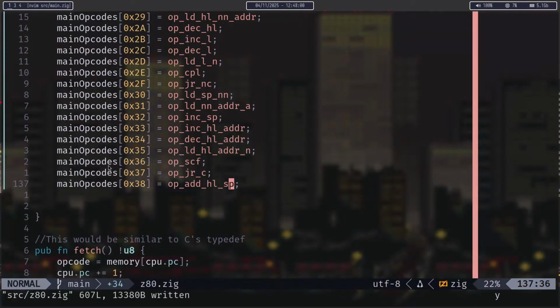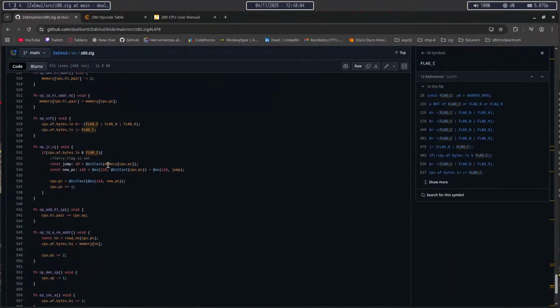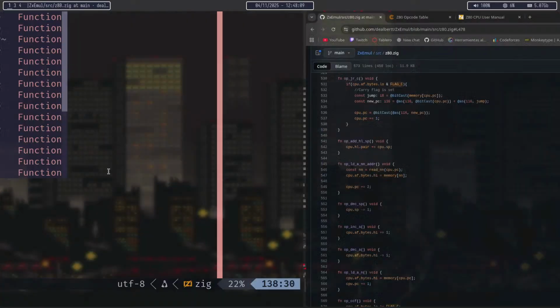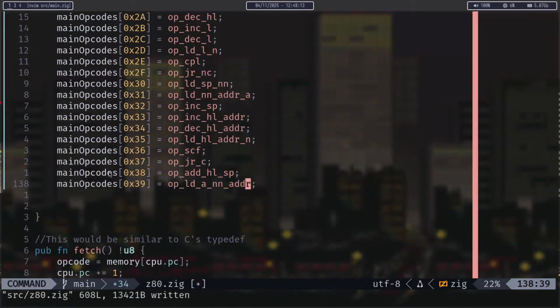HL SP, 9, an address and an address. Boom.